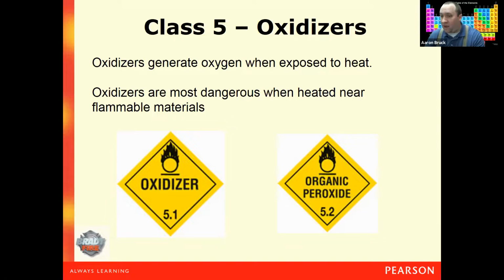So they break down into oxygen and something that is capable of burning, and so they can end up self-igniting in the process, in addition to creating more oxygen to feed a fire. So notice here, again, the 5s indicate that they are oxidizers, as does the flaming O, the flaming circle pictogram.